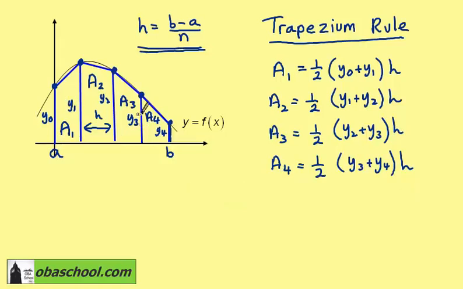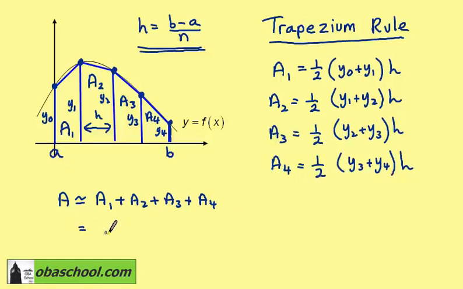The area under the curve is going to be approximated by the sum of the areas of the trapezia. So the total area under the curve is approximately equal to A1 plus A2 plus A3 plus A4.